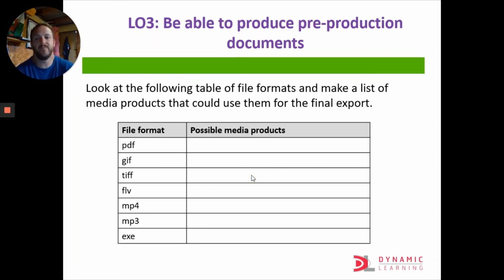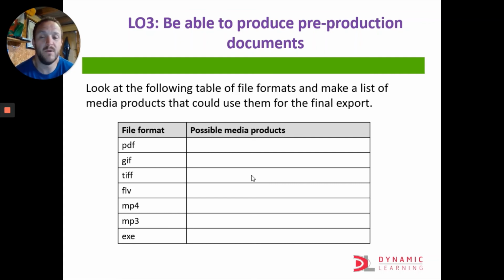And then on your next slide, make a copy of that table, and make a list of the media projects that could use them for a final export. So what type of media projects could you use for a PDF or for a GIF or for a TIFF or for an MP4?